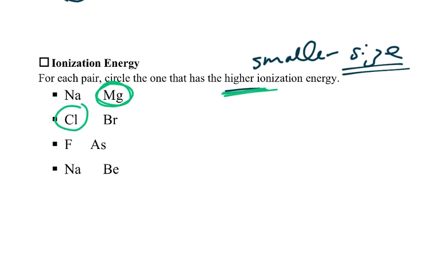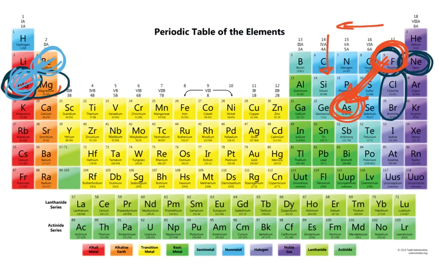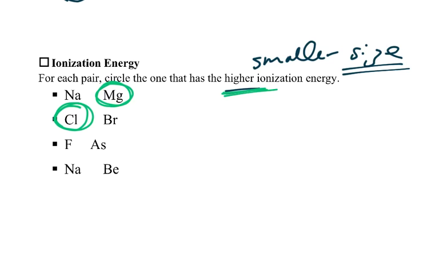Chlorine and bromine, this time it's chlorine, because it has fewer layers. So that electron you're trying to remove is closer to the nucleus. So same thing, smaller size matches up with higher ionization energy. F and As, okay, so here are these two again. The smaller one is going to be the one that has the higher ionization energy because it has fewer layers and more protons.